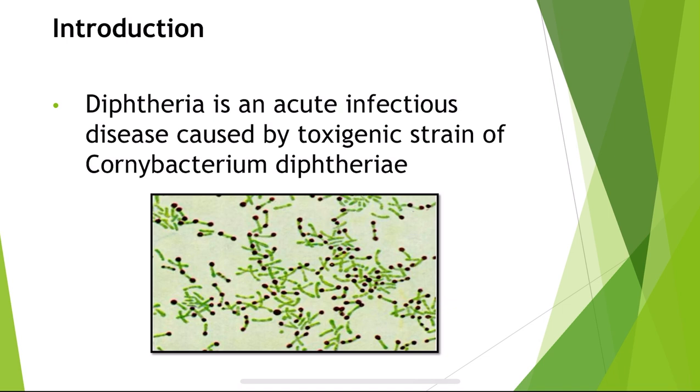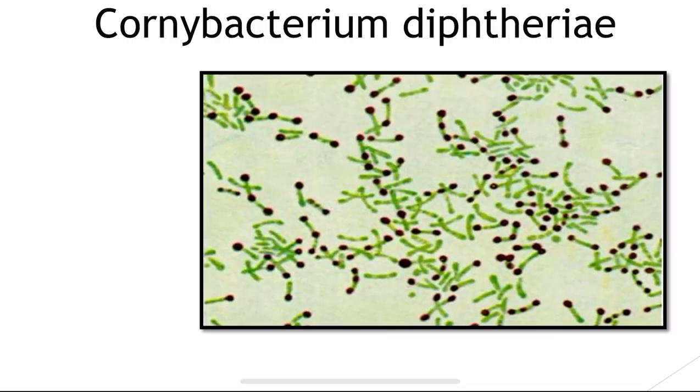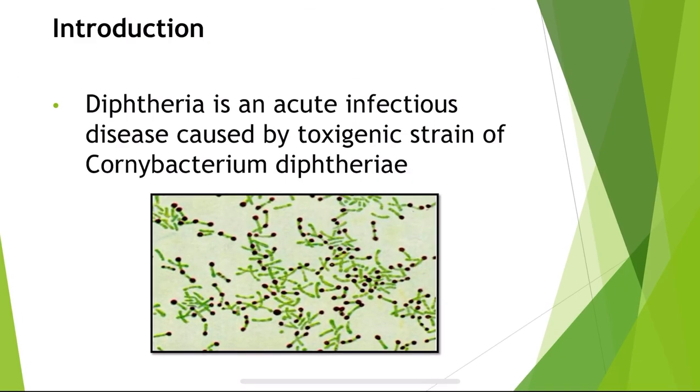You can see the picture here. And these Corynebacterium diphtheriae are releasing toxigenic strains. What do you mean by a toxigenic strain? They are a group of organisms that will produce toxins and cause the disease diphtheria.